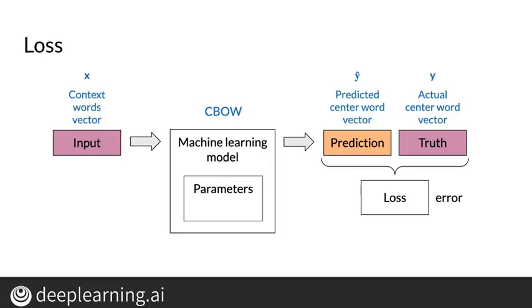The prediction is the vector y hat. The objective of the learning process is to find the parameters that minimize the loss given the training dataset. In the case of the continuous bag of words model, the parameters being adjusted by the learning process are the weighting matrices W1 and W2, and also the bias vectors b1 and b2.